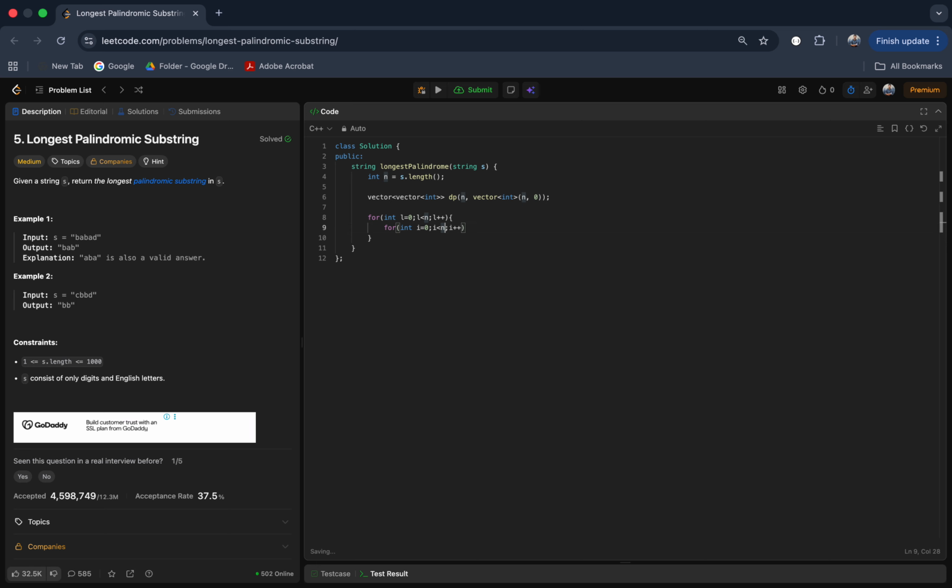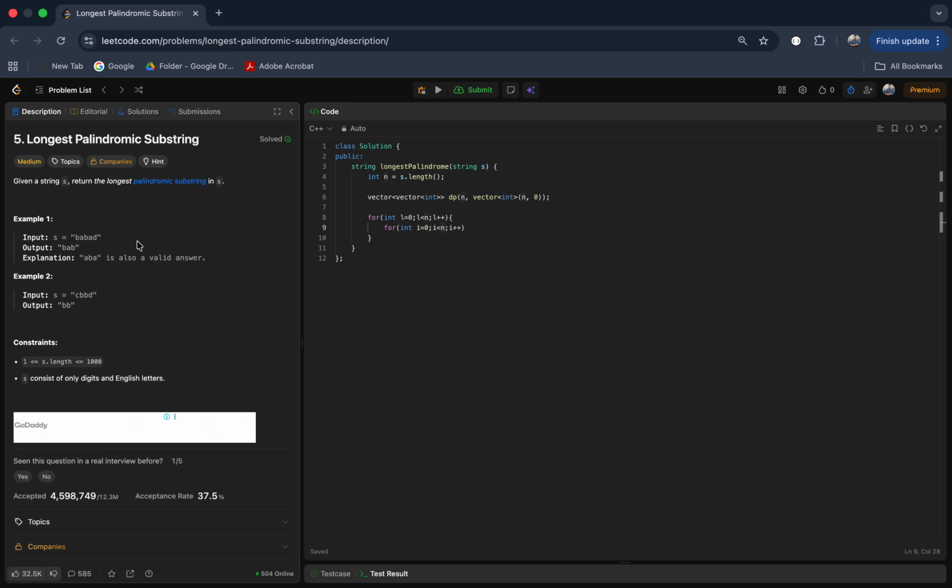But we need to check here every time that on every succeeding iteration we need to reduce the number of rows, because the number of rows is telling us the total number of lengths. So on the last row, i will be here and j will be also here, and in the second last row, i will be here and j will be at the end. So there are two cases.